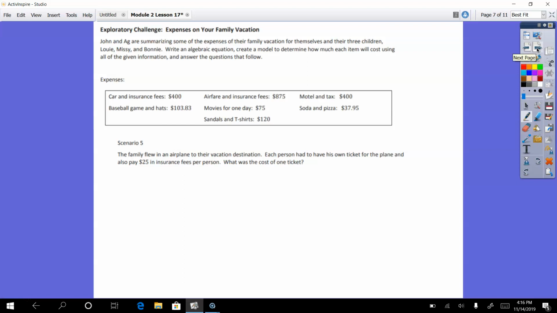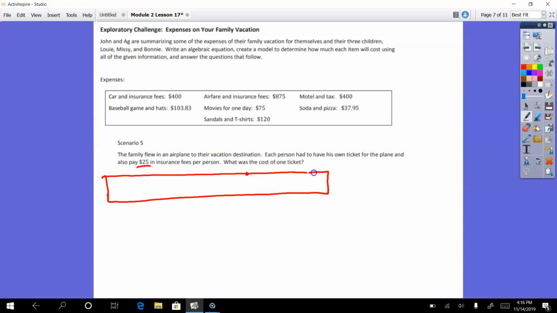Okay, in scenario 5, the family flew in an airplane to their vacation. Each person had to have his own ticket for the plane and also pay $25 in insurance fees per person. What was the cost of one ticket? So they had to have their own ticket and pay $25, and it was the whole family. So again, we have our whole family, 2, 3, 4, 5, and then each is paying for a plane ticket, and the insurance costs $25.